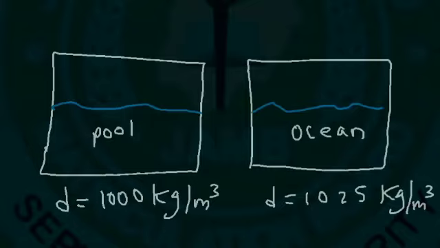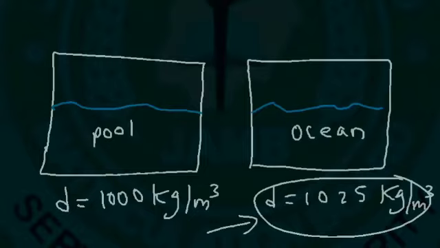Now, let's say you were to go to a very salty lake water, like the Dead Sea or something. The density of the Dead Sea is very, very high. Because it's so salty, if you were to jump in and try to swim to the bottom, you won't be able to. The buoyant force there is so strong that it's going to lift you back to the top and you're going to float right on top of it.